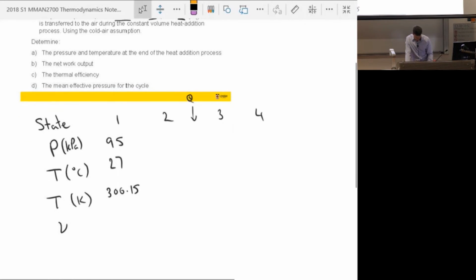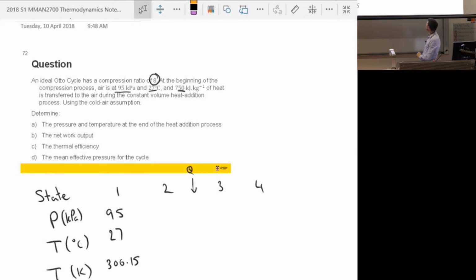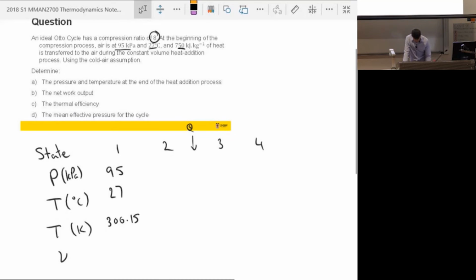So we're not given the original volume, and that's okay. We can just call this V1, but we know that V2, after the compression process, will be V1 divided by 8. We know that after the isochoric heat addition, so the volume doesn't change, between 2 and 3 will be V1 on 8.